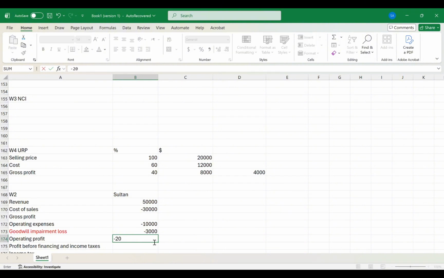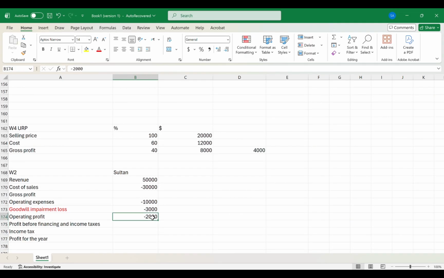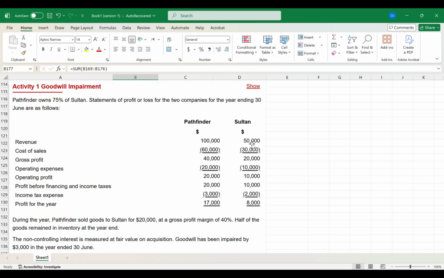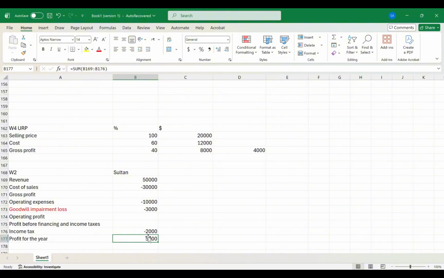And income tax is 2,000. And then comes the profit. So our income tax is here, just 2,000. And then let's perform the sum function to get the profit, which is 5,000. So it is simply this. Okay, if you just take Sultan's profit, it's 8. You just need to deduct the impairment of 3 and you'll be getting 5,000. That's it.